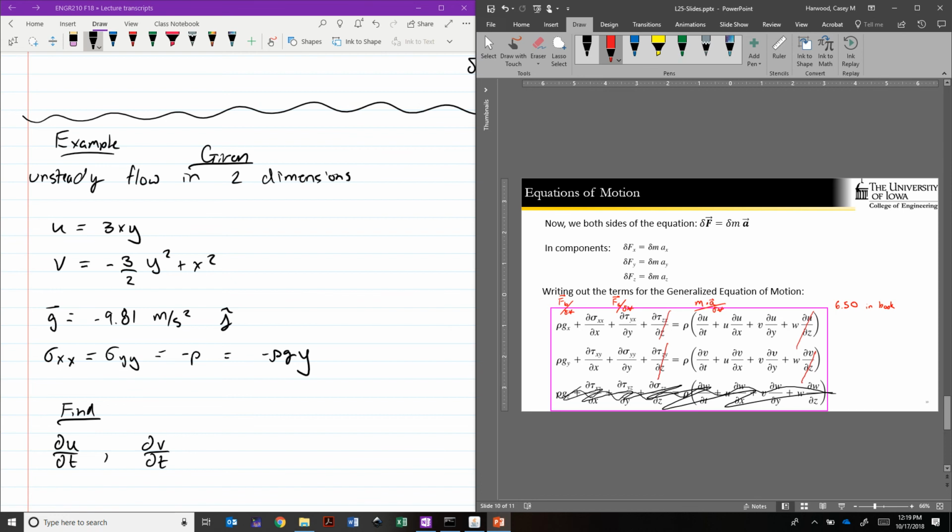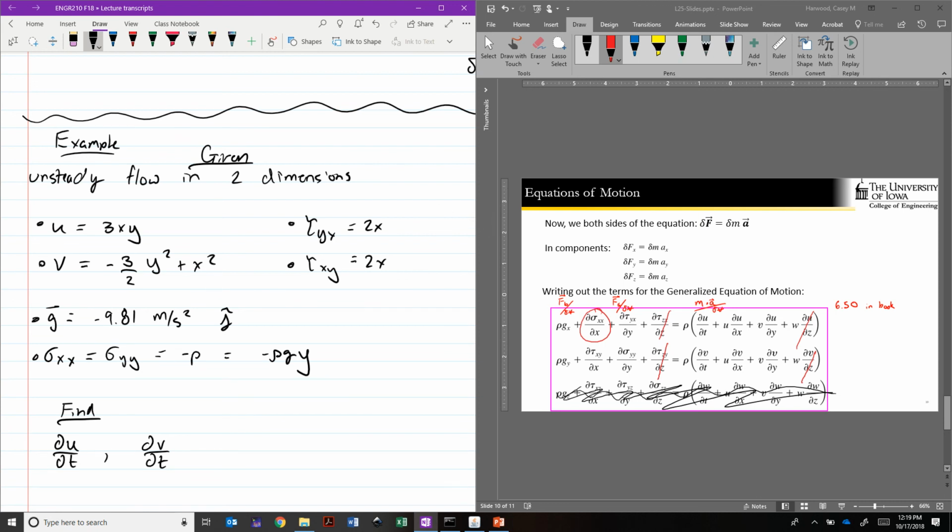Okay, we have expressions for u, v, and sigma xx, sigma yy, as functions of x, y, which means that we can actually calculate. Oh, I'm missing one thing here. Yep. We're also given that tau yx is equal to 2x and tau xy is equal to 2x. Okay, sorry, forgot those ones.